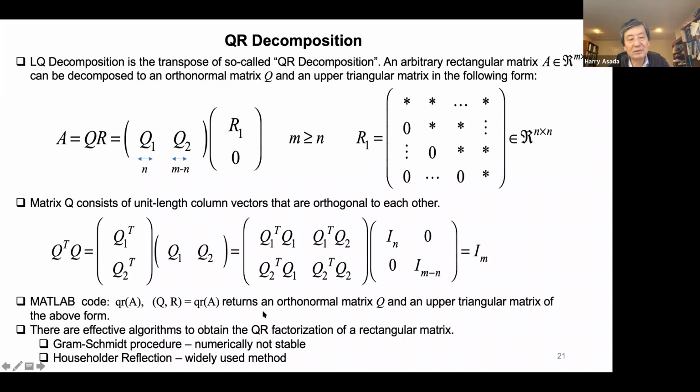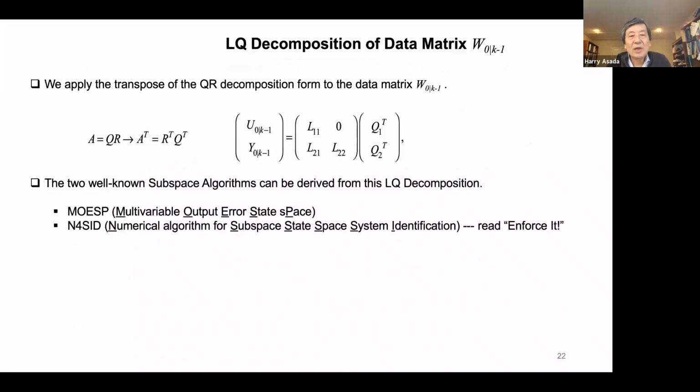Okay, and there are many convenient, good methods involved. So we apply this to our problem. So we take the transpose of the QR decomposition. QR decomposition decomposes A into Q and R, right? If we take the transpose, A transpose equals, converting the order, R transpose times Q transpose. So this one is exactly our case.